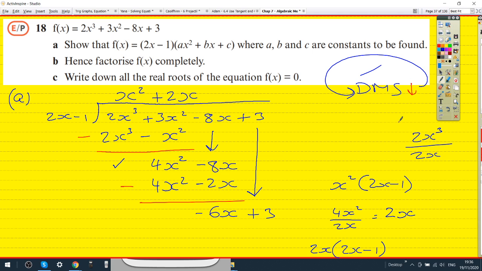We just did the down arrow. So you do divide again. Minus 6x divided by 2x.